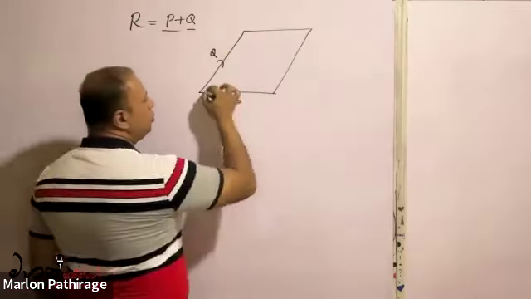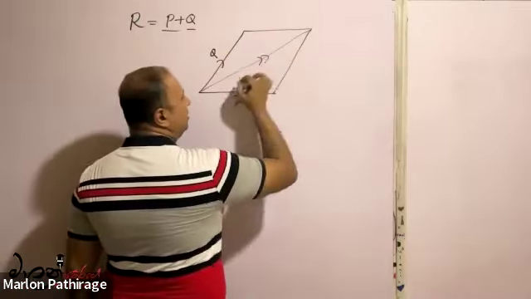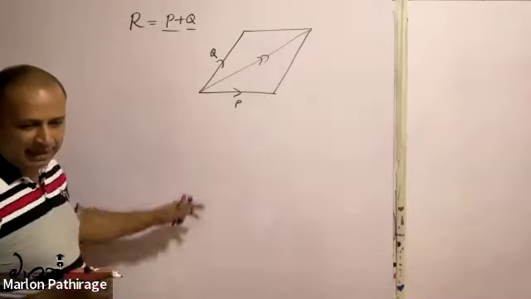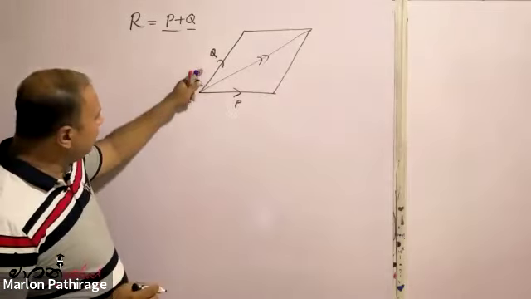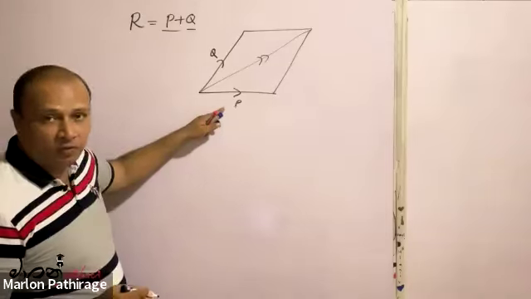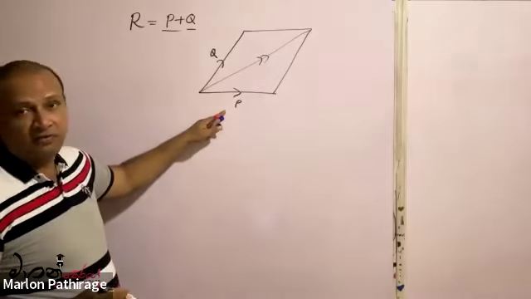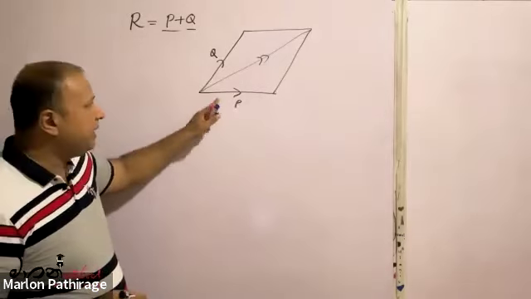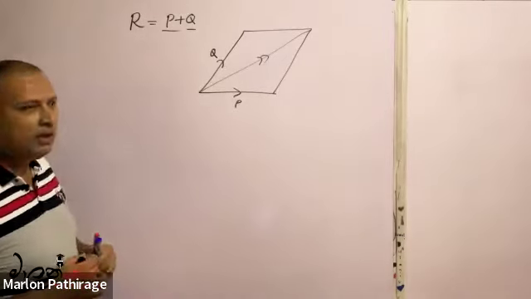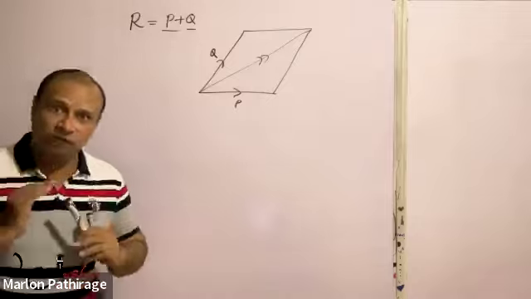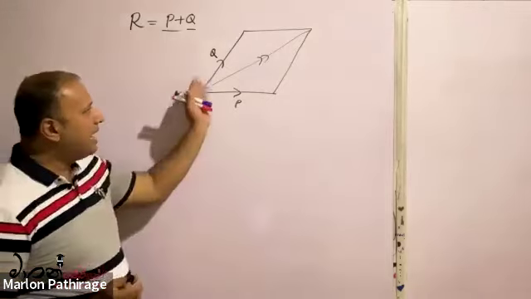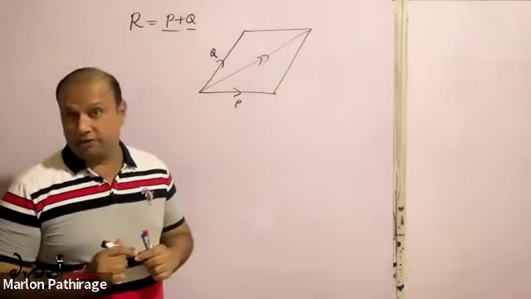Then using this diagonal, the diagonal in between P and Q gives the resultant vector of P and Q. Actually, it gives the magnitude of the resultant vector.